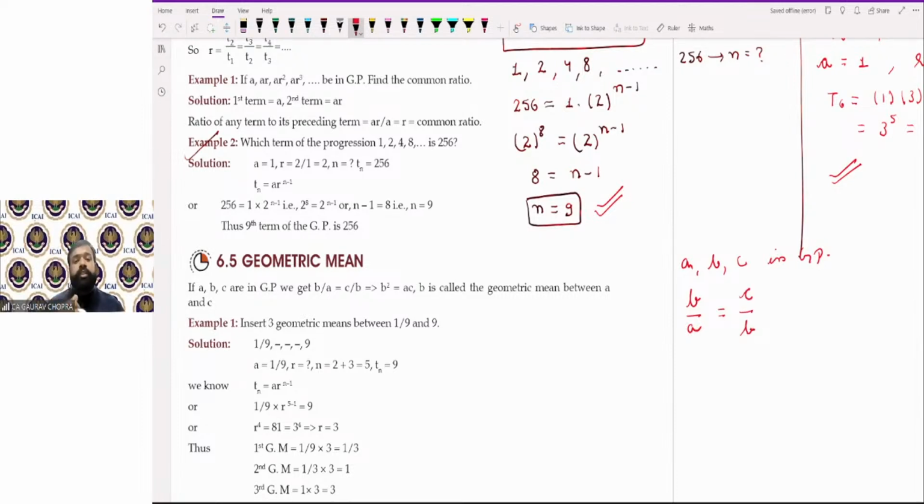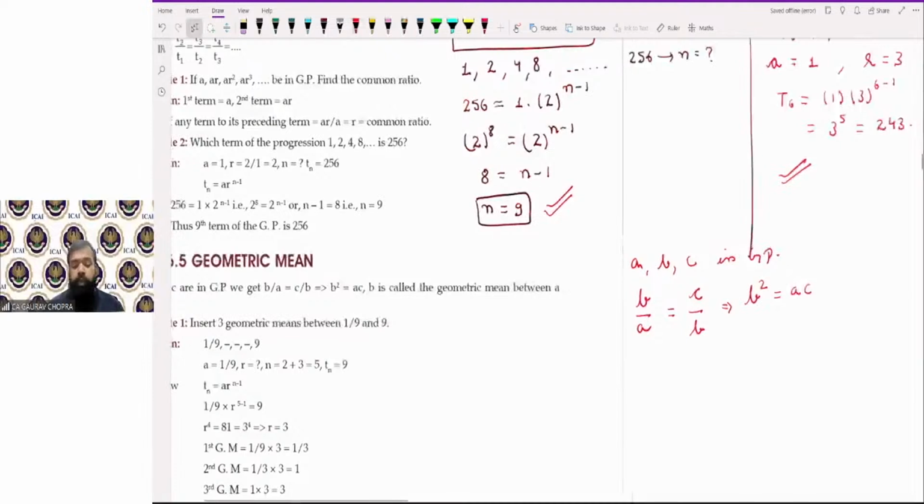Second upon first will be equal to third upon second. Now on cross multiplication, what are we getting? B squared is equal to AC. तो जैसे ही हमने इसको क्रॉस मल्टीप्लाई किया, आपके पास एक फॉर्मूला आ जाएगा. क्या फॉर्मूला है ये? B squared is equal to AC. And the same concept we have already covered in ratio and proportion.